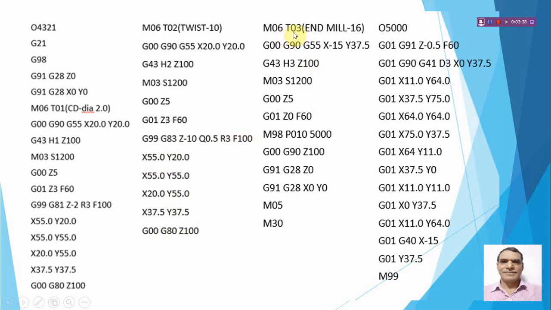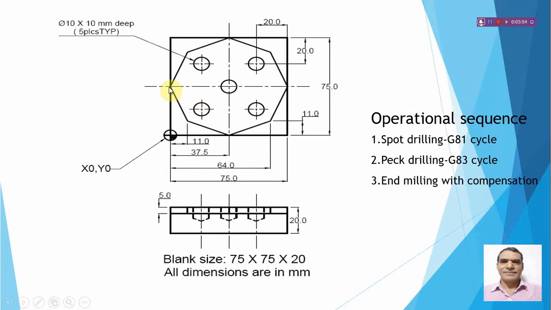Third tool we are calling, nothing but end milling. Diameter is 16. Once again position the cutter outside of the workpiece. This is the very first point. We are going to engage the cutter just outside of the profile.